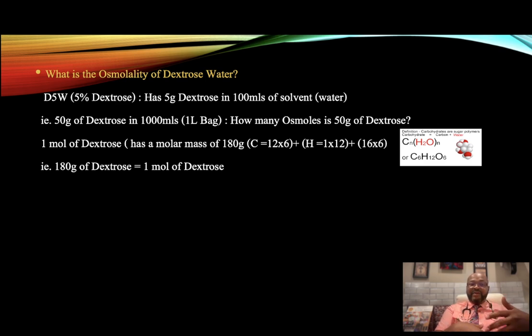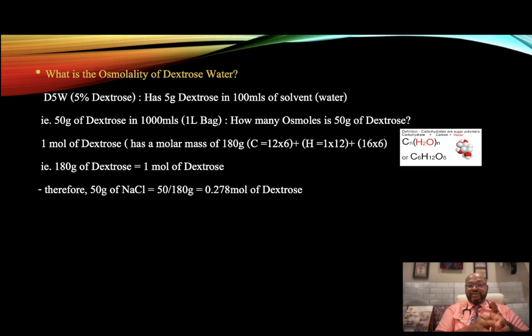And remember, in our D5W, we have 50 grams, and 1 mole is 180 grams. So 50 grams of dextrose, not normal saline, sorry about that mistake, will be 50 divided by 180 grams, which is 0.278 moles of dextrose.